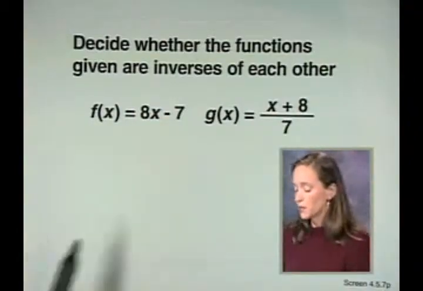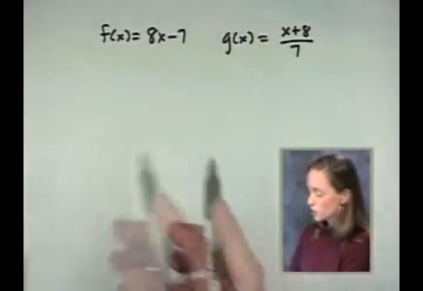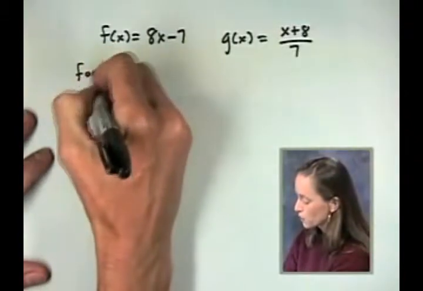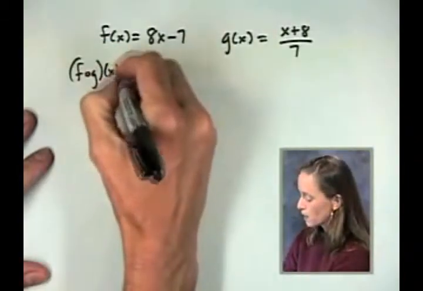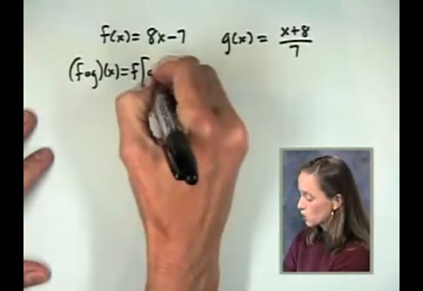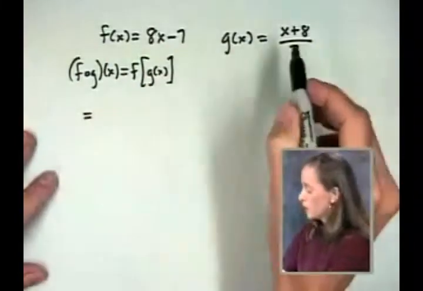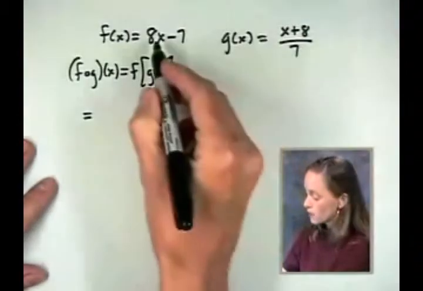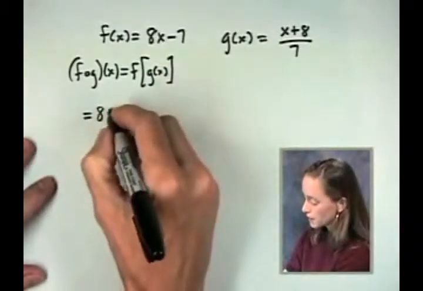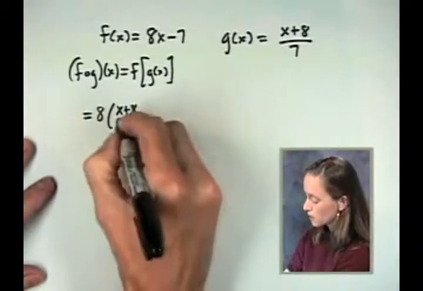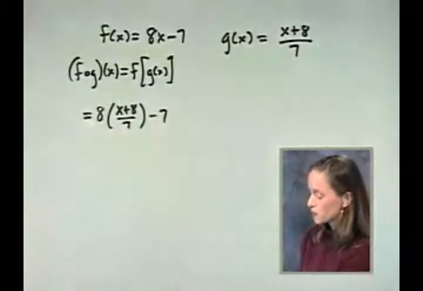Let's see how you did. Here are the two functions. Let's find f composed with g of x. Again, that's f with g substituted for every x. I'm going to put x plus 8 over 7 in for x to get 8 times x plus 8 over 7 minus 7.